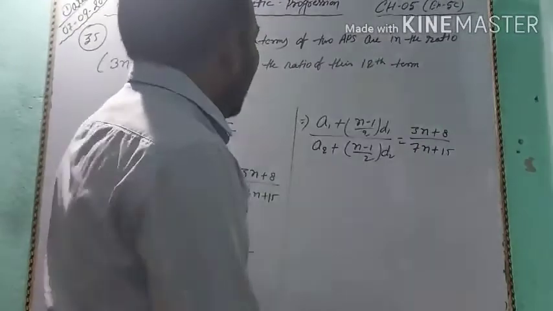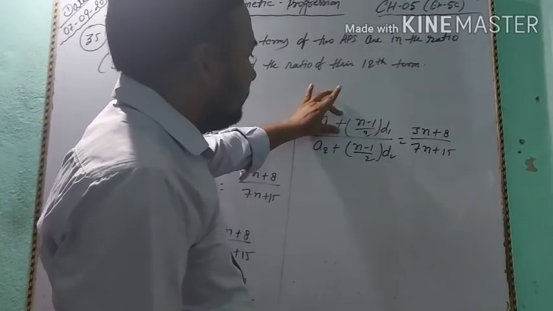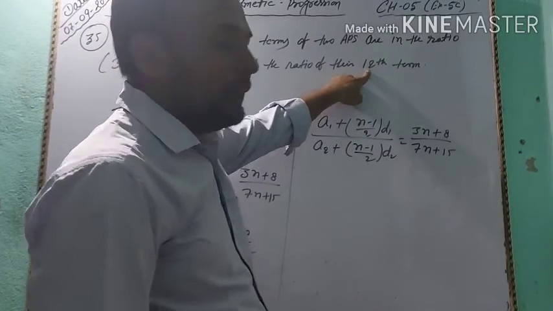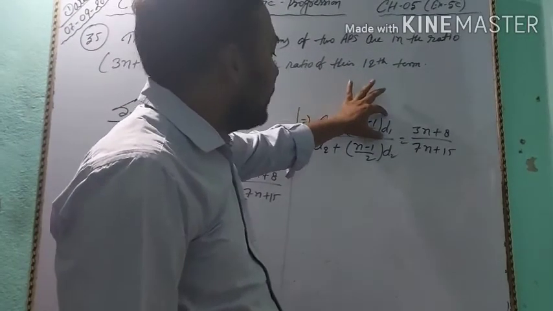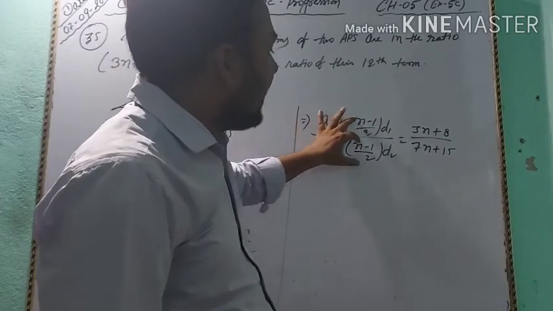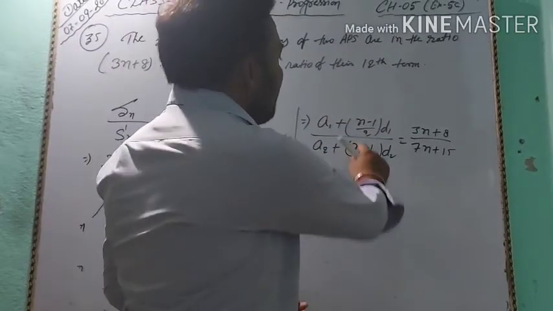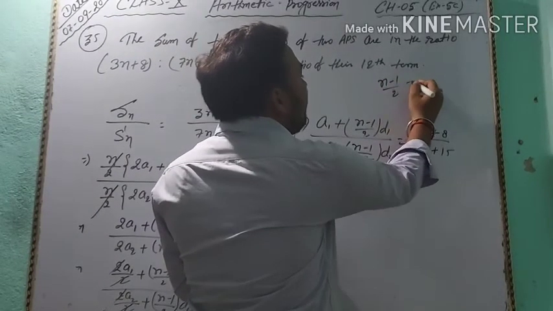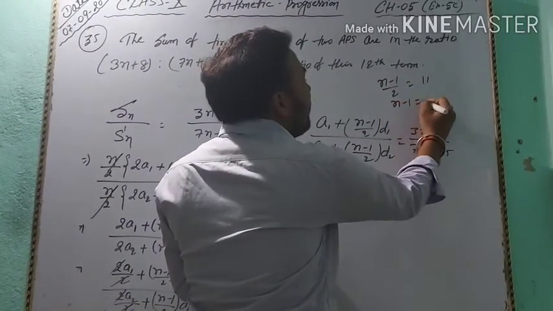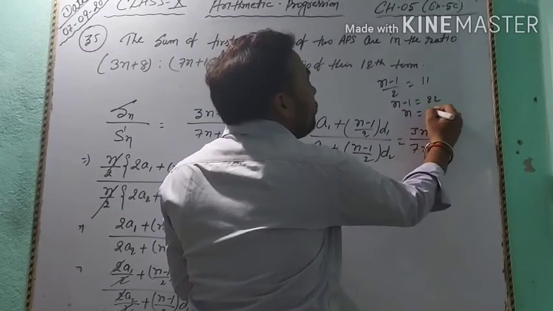Students, we need the 12th term, that is a1 plus 11d1 by a2 plus 11d2. So n minus 1 by 2 equals 11. That is n minus 1 equals 22 and n equals 23.